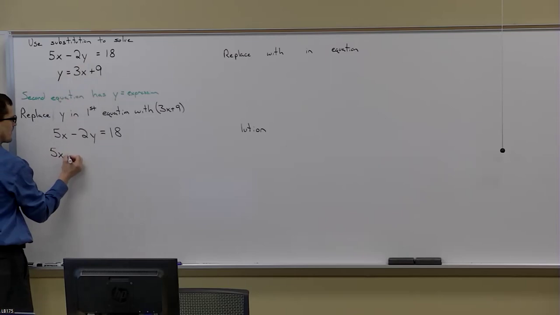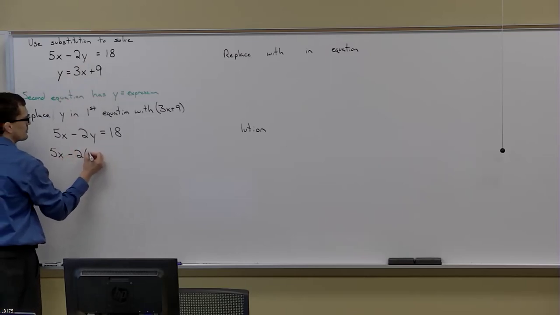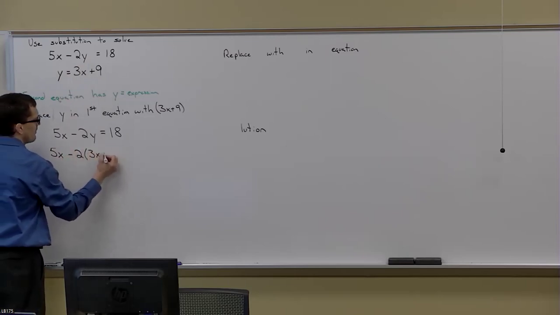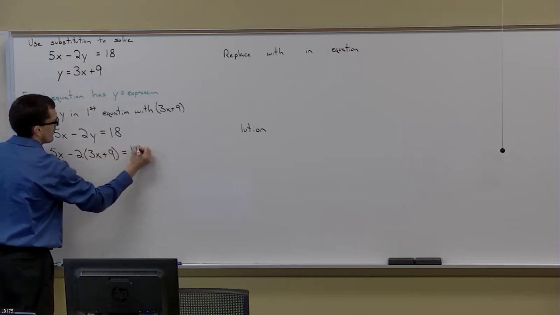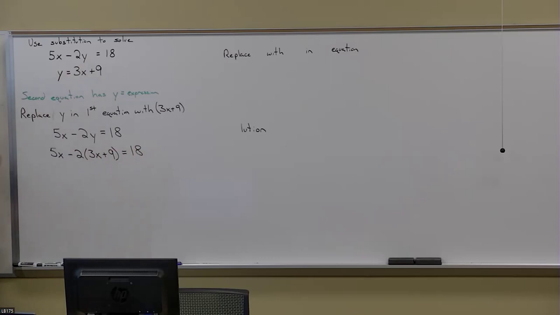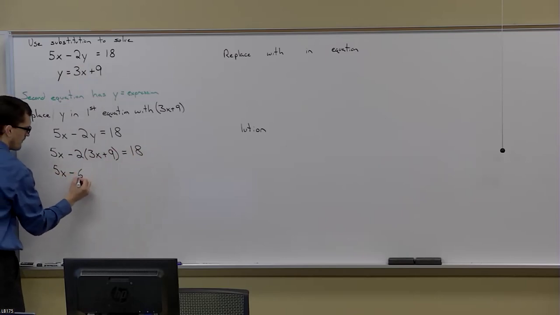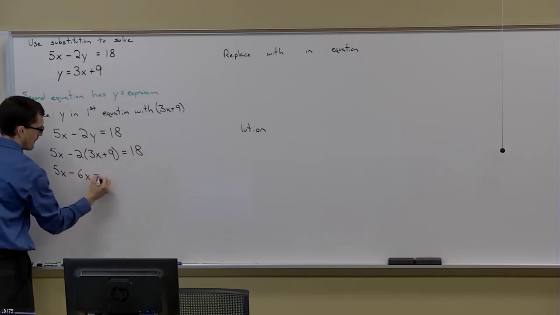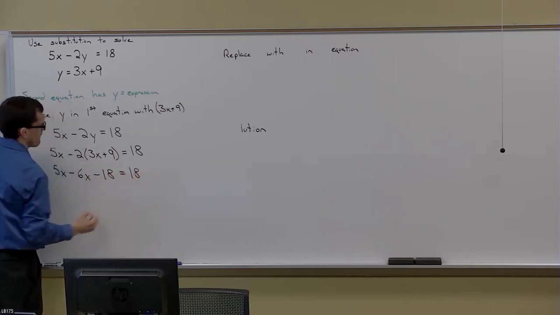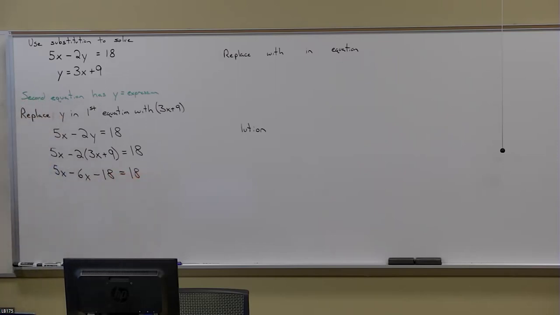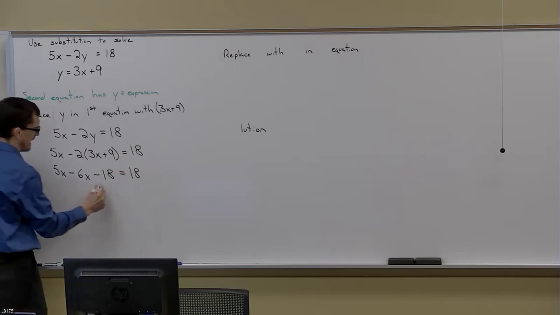If I do that, make sure you put the 3x plus 9 in parentheses because you're going to have to distribute the -2 into both terms, right? So be careful about that.